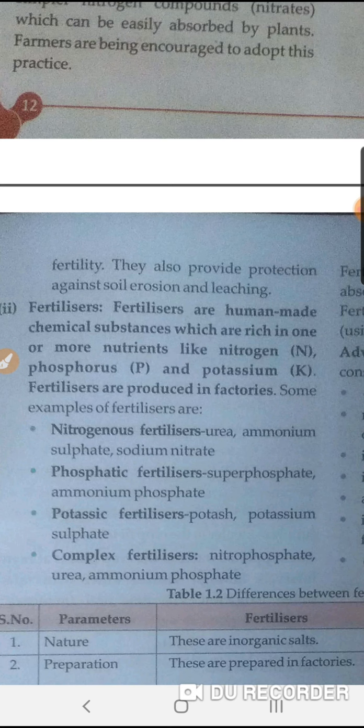On the other hand, fertilizers are chemicals. No doubt they are rich in nutrients such as nitrogen, phosphorus, potassium, but their excessive use is harmful for humans and other animals. These are some of the examples. You have to learn a few of them. It is not required to learn all the examples. Learn 2 or 3 examples.